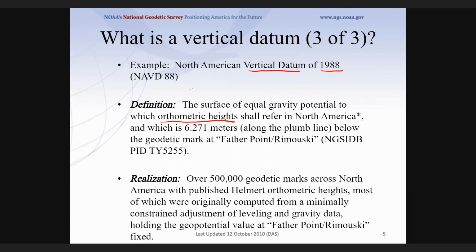And this is the definition: it's 6.271 meters along the plumb line, so vertically, below the geodetic mark at Father Point, Rimouski. I'll show you where this is. This is a geodetic survey benchmark. It's actually not in the US, it's just across the border in Canada. And we said mean sea level is just 6 meters below this benchmark. So it's arbitrary, but it's what it is.